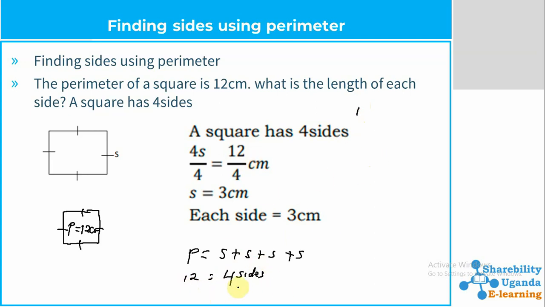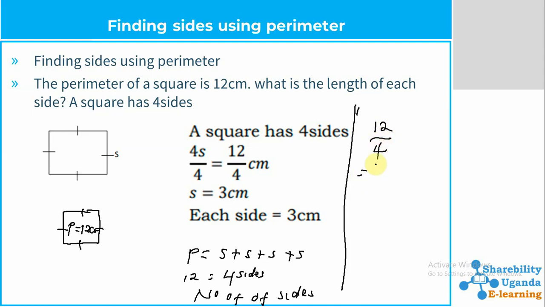So here we can say the length of a side should be equal to our 12 divided by 4.